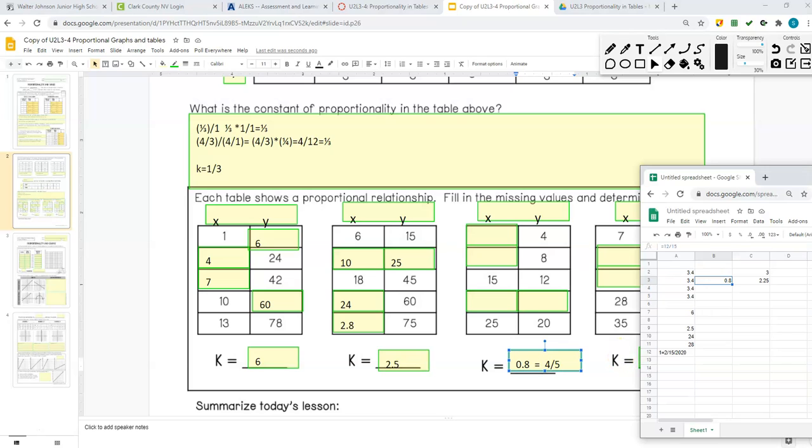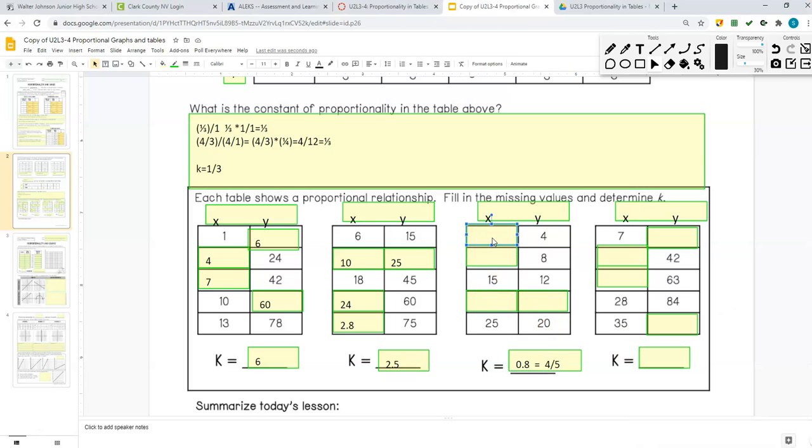So we're going to take 4, so this one is 5. Now we can double this number, so this number doubles to get here, so this is going to be 10. And then we can make up any number that we want here. I'm going to go ahead and just put in 20, and 20 times 4/5 is going to be 16.